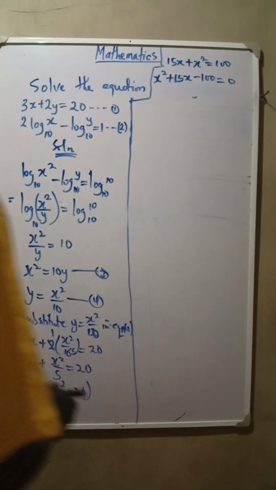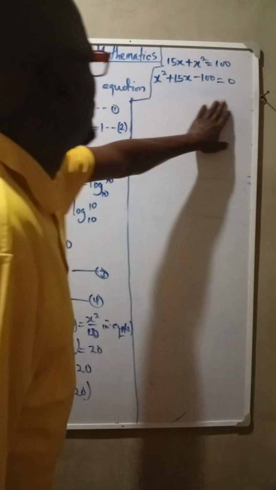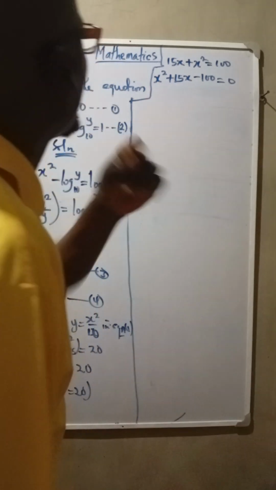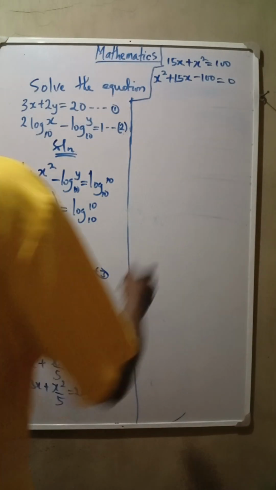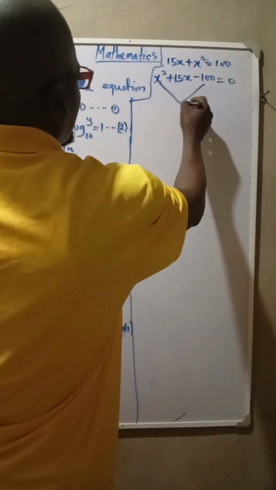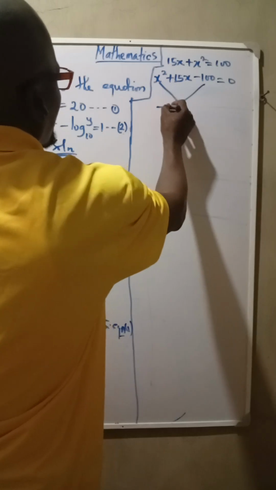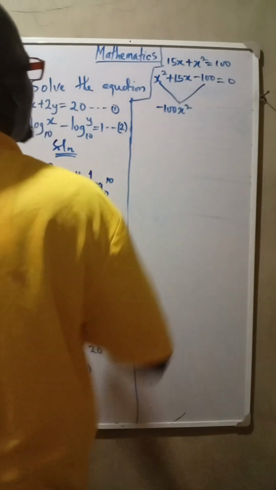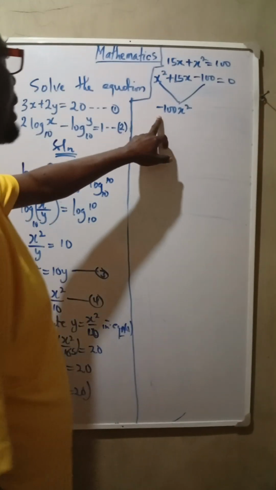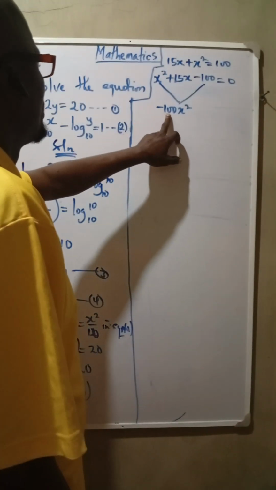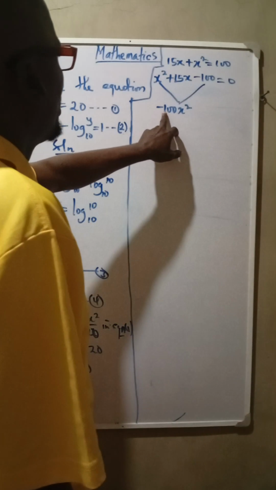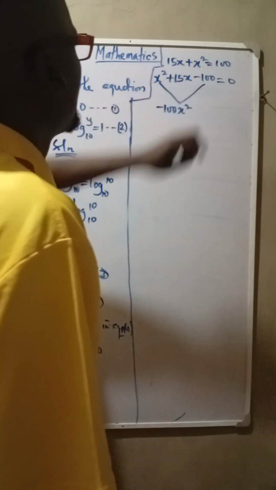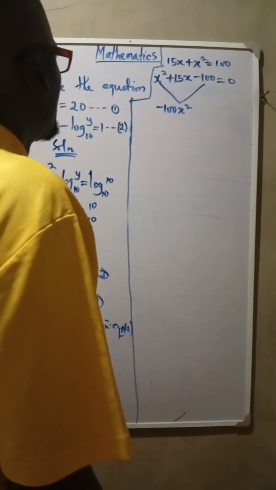So now we simplify this using the factorization method. If we multiply this, it is going to give minus 100 x squared. What are the factors of 100 that, when I multiply them, are going to give me minus 100, and when I add them, give me plus 15?